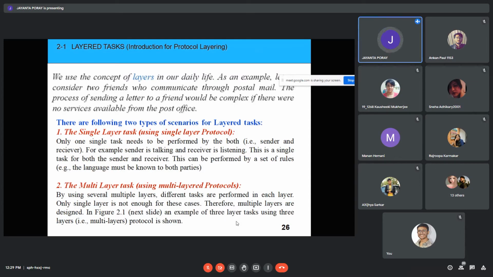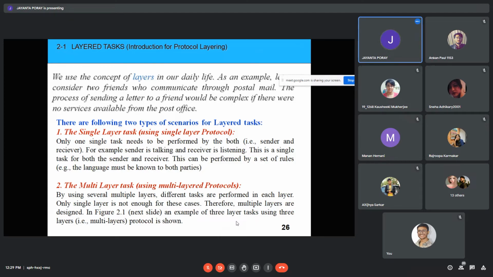Okay, so when we are learning different protocols, the starting point is protocol layering. Why are we layering the protocols in different layers? The objective is that there are several tasks which I want to distribute among different layers.